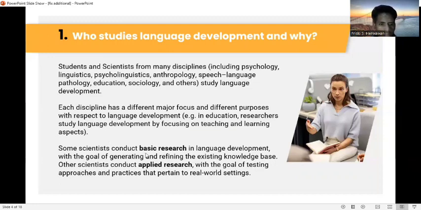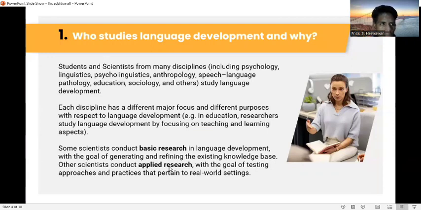Some scientists conduct basic research in language development with the goal of generating and refining the existing knowledge base. In this basic research, scientists produce theory, while other scientists conduct applied research with the goal of testing approaches and practices that pertain to real-world settings.